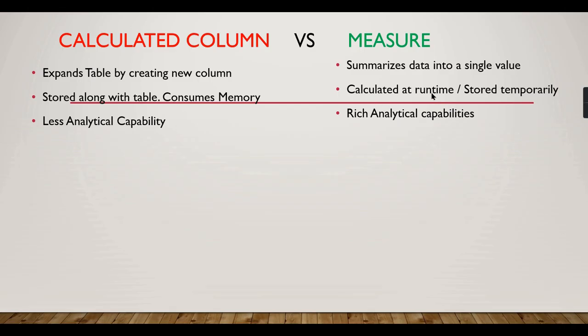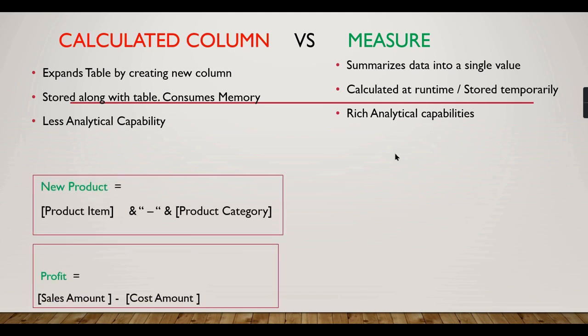Only the calculations are stored as a metadata script. While you are viewing the data, it is temporarily stored. As soon as you close your session, the measure results are not stored anywhere, just the calculation script. Rich analytical capabilities are the core logic behind this.